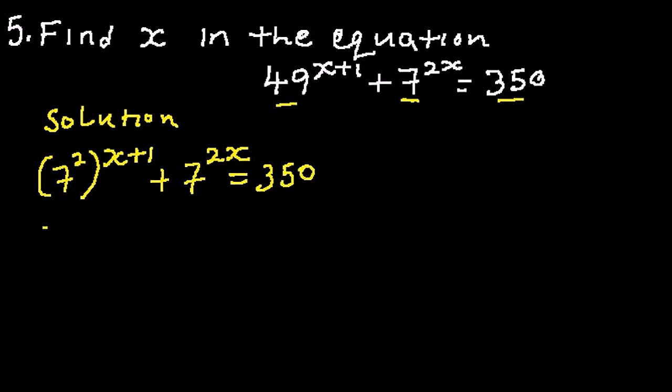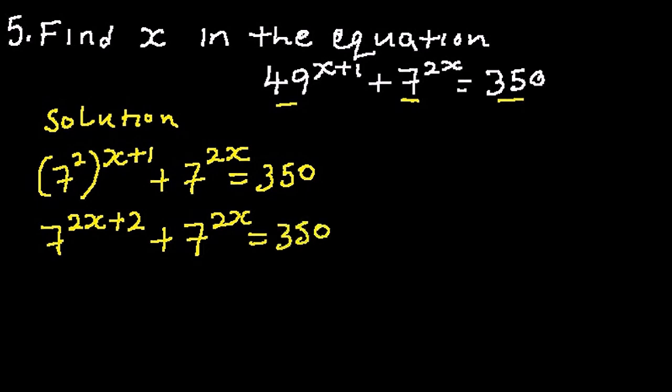So you open the bracket here, we have 7 to power 2x, and 2 times 1 is 2, so plus 2, plus 7 to the power 2x is equal to 350.